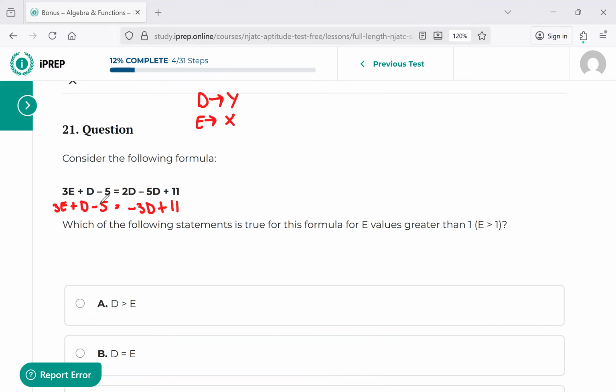Our goal is to solve for d, so I'm going to add 5. You get 3e plus d equals negative 3d, and then 11 plus 5 is 16.